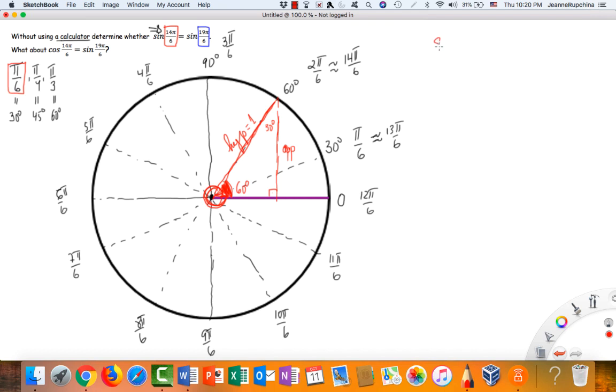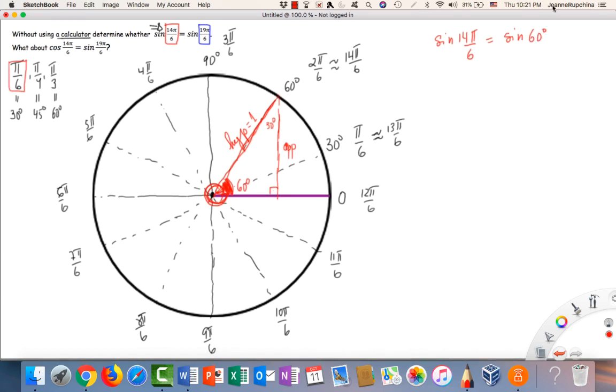Therefore, I can right away find out that sine of 14 pi over 6 is really going to be equal to sine of 60 degrees. Well, we all did sine of 60 degrees, right? Remember, if the hypotenuse is 1, the adjacent side will be 1/2 and the opposite side is square root of 3 over 2. So I get square root of 3 over 2.